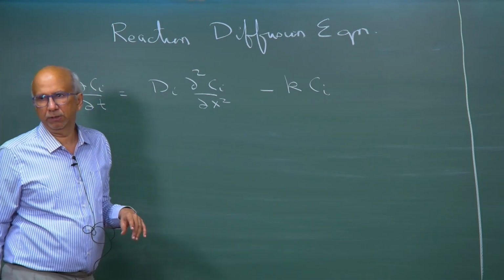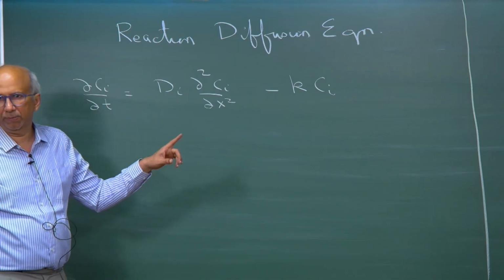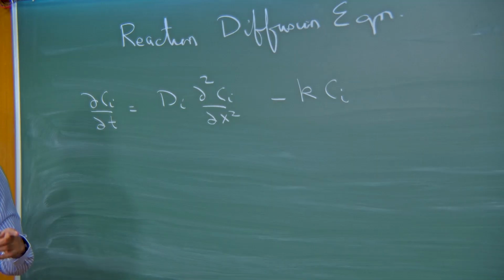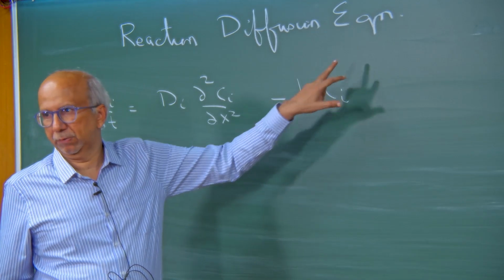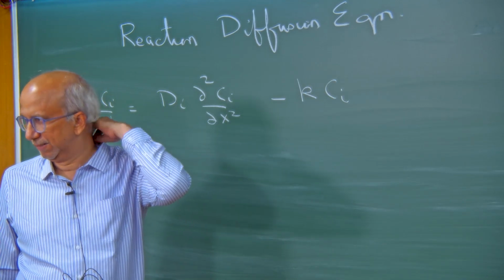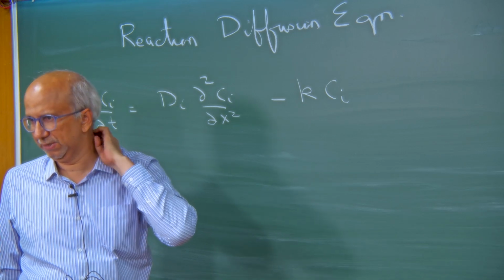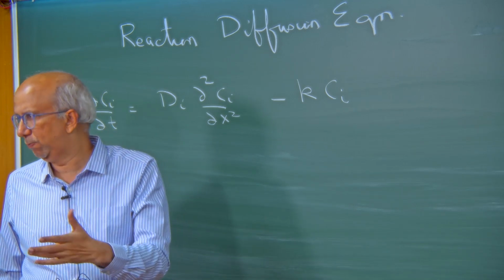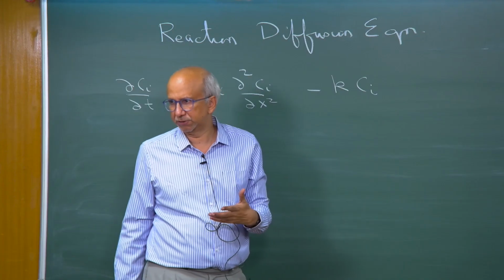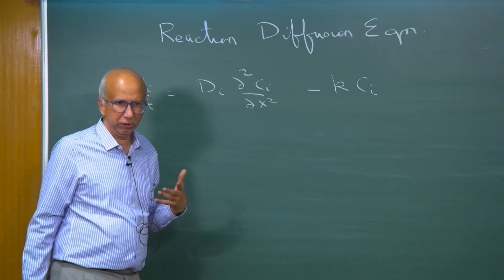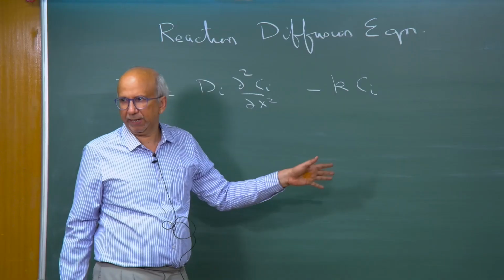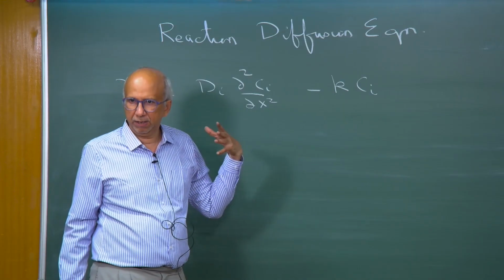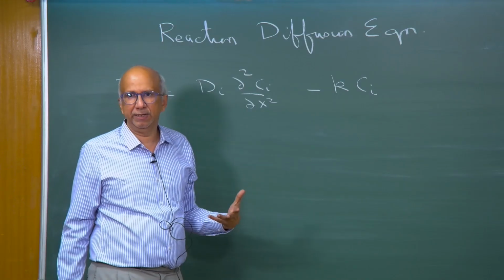Now, what I have done is I have assumed that my reaction is first order. The advantage is, when I assume it is first order, it is Ci to the power 1. So, this equation is linear, and therefore, I can hope to get analytical solutions. I could also assume it is 0th order, in which case this becomes a constant, and I can again hope to get an analytical solution.